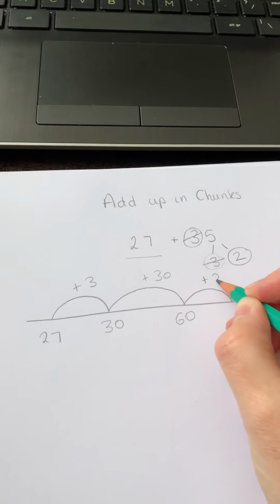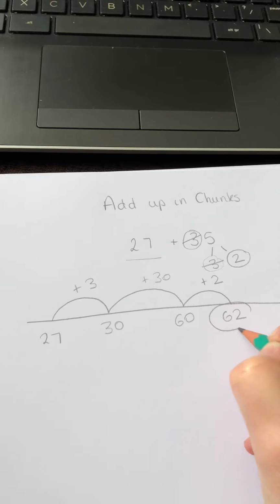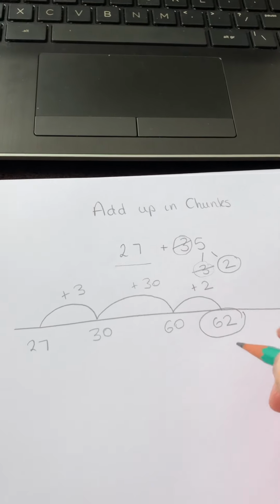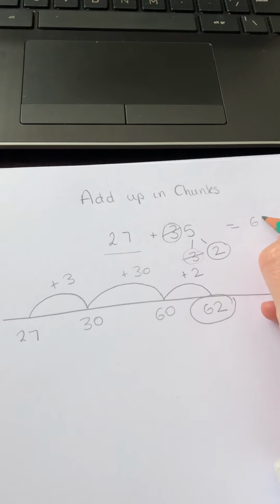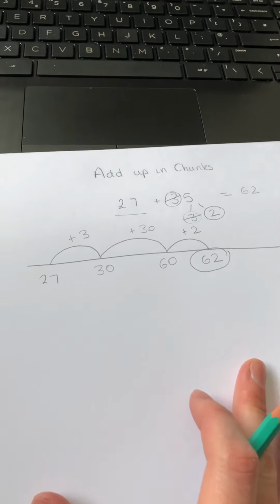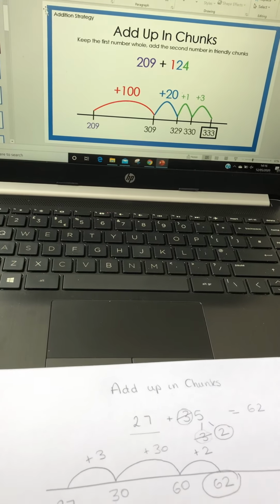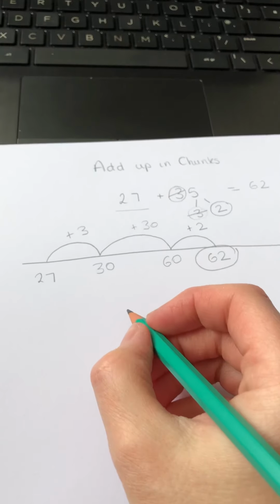So let's add on 2 and that takes us to our answer of 62. So 27 add 35 equals 62. Now it's the exact same principle if we're using bigger numbers, okay, with hundreds, tens and units for example.